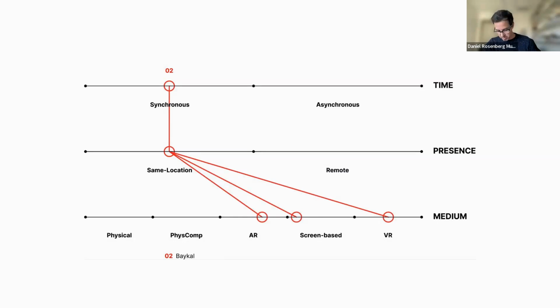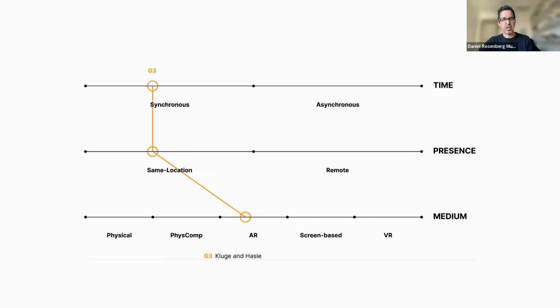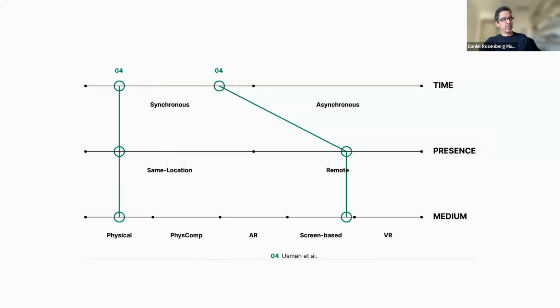They explore a very interesting teaching methodology to approach these different types of technologies. The third chord is also mostly synchronous same location, but now with AR in the context of children's education, with physical books and AR.